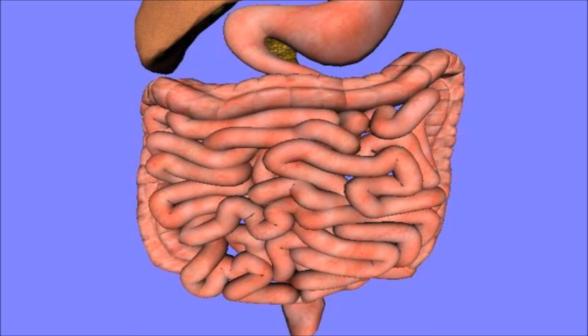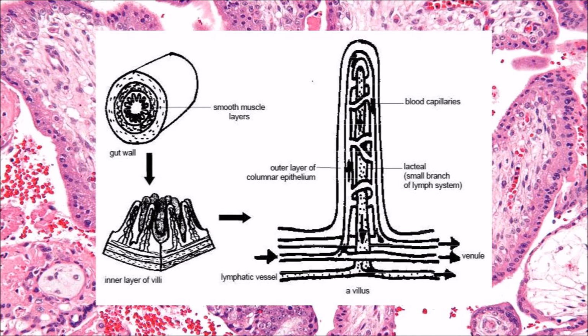After food has been digested, it is absorbed into the bloodstream. The walls of the small intestine are lined with finger-like projections called the villi. The villi contain blood capillaries and lacteals. Blood capillaries absorb the digested nutrients and carry them to the liver, where they are either stored or released into general circulation for use by the body cells.